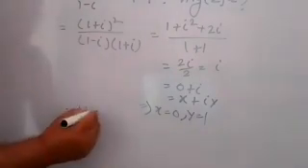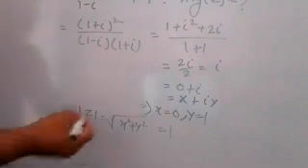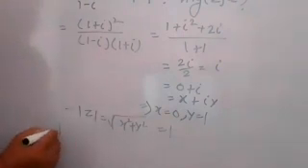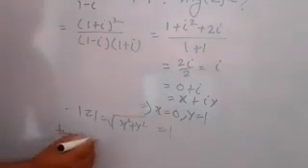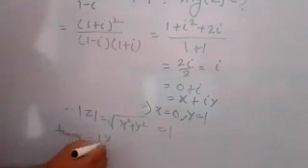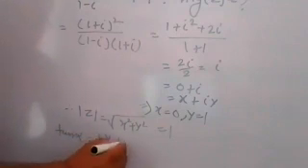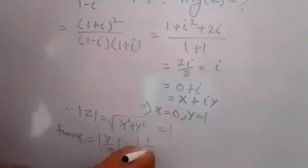So the mod of z is equal to under root x square plus y square, so here you have 1. And for tan alpha, tan alpha is equal to mod of y by x, which is 1 upon 0.